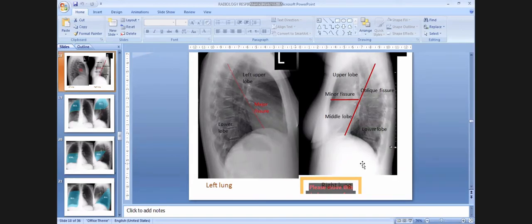I can ask you about the modality from the lateral view. But about the lobe, no. I will give you another projection, frontal view, in addition to the lateral view.